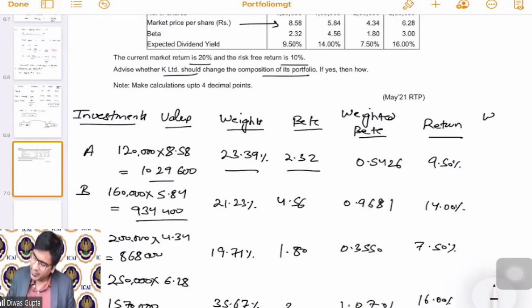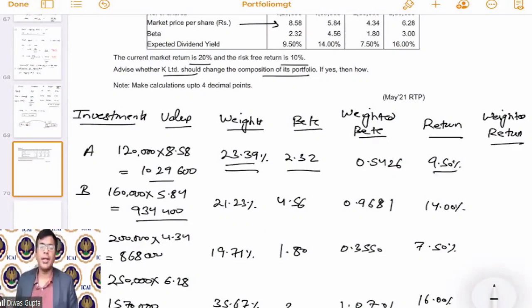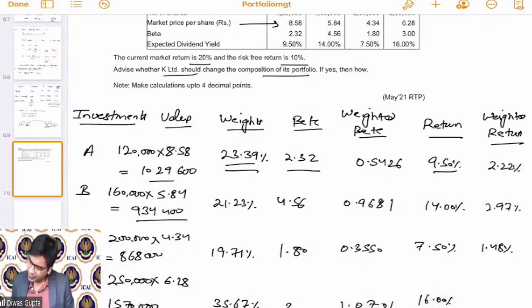Then the weighted return: 9.5 multiplied by the weight of 23.39 is 2.22%, then 2.97%, 1.48%, and 5.71%.